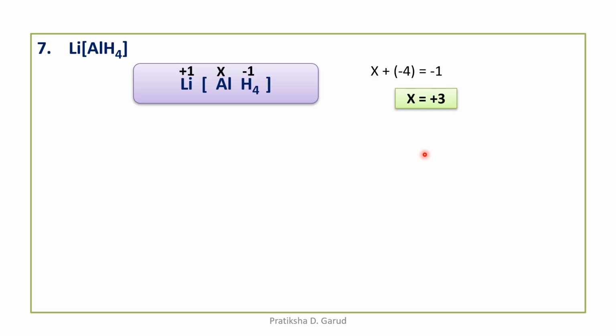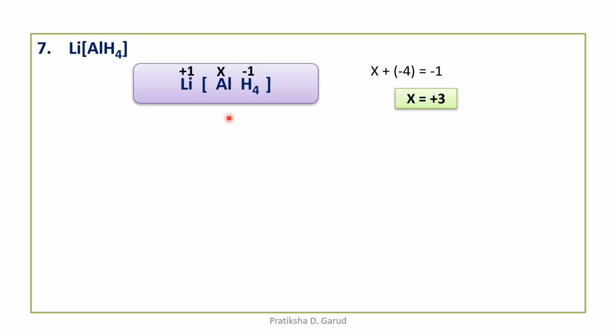So what will be the name? First of all, according to the first rule, we have to write the name of the cation. Cation is the lithium. Then name of the anion. Anion is the tetrahydrido, and in between these two we have to put a space. And then we have to write the metal with a special ending. That special ending is the -ate.